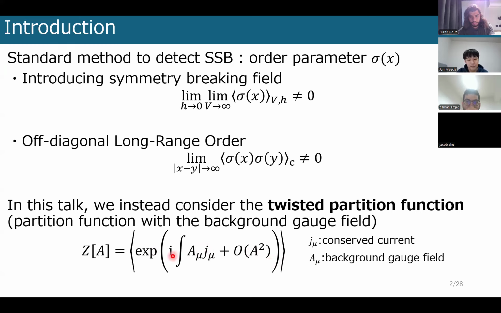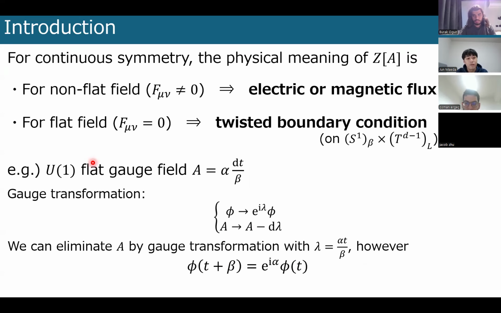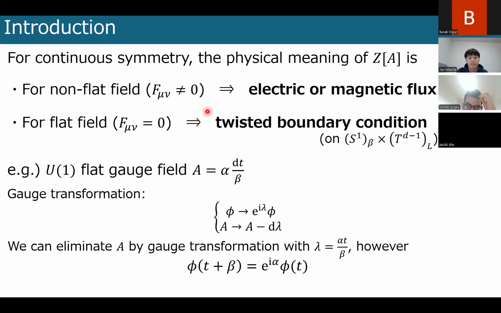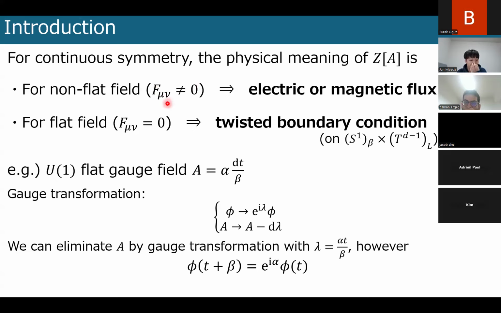Then what is the physical meaning of the twisted partition function? For non-flat fields, which are fields with non-zero field strength, this is just equivalent to the insertion of electric flux or magnetic flux, because each component of the field strength is an electric field or magnetic field.